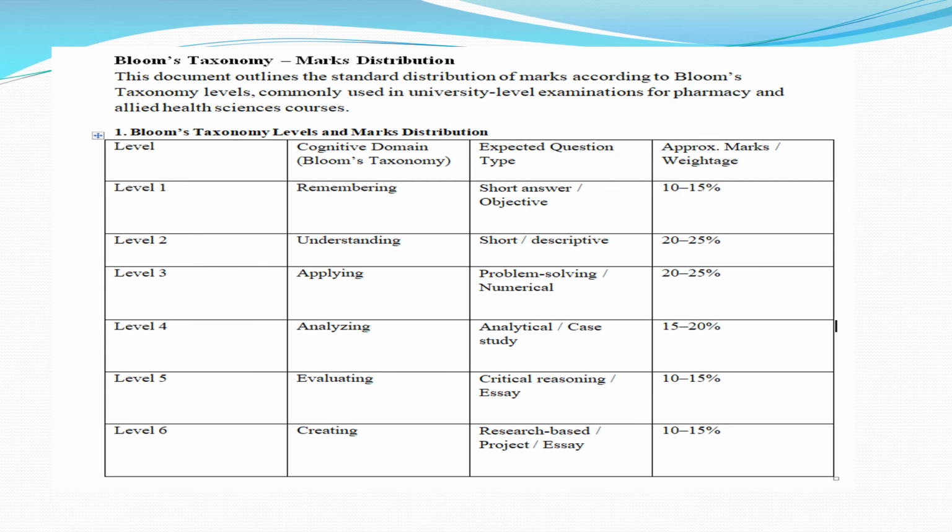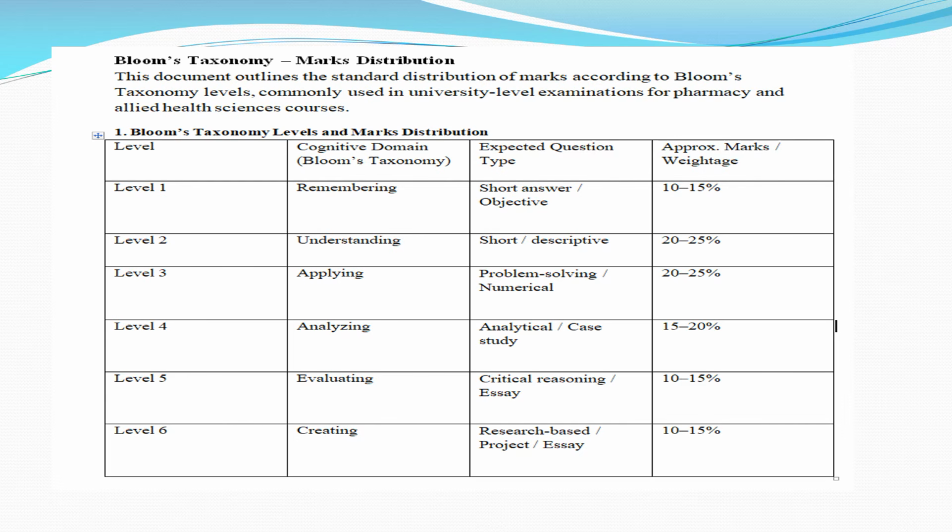When we are generating the question paper, we have to keep in mind that the questions should be research based, problem based, reasoning based, or critical thinking based, and then we can use the creating or evaluating purpose.